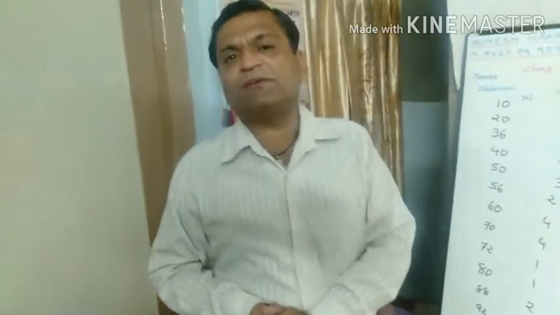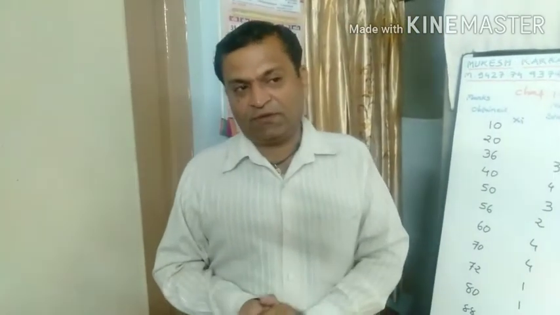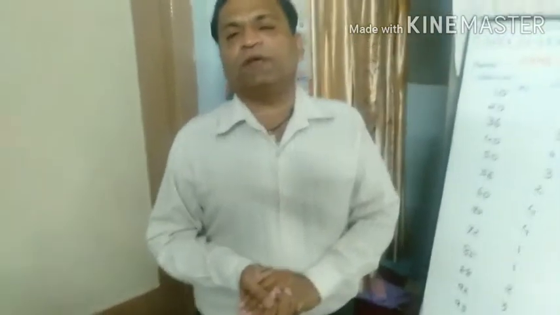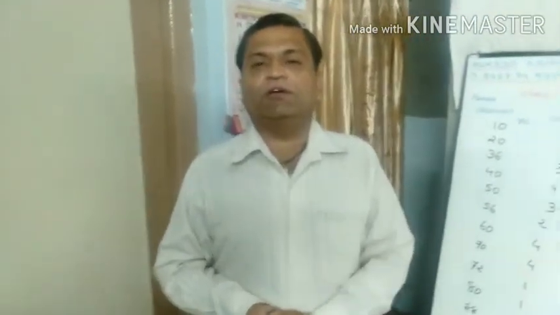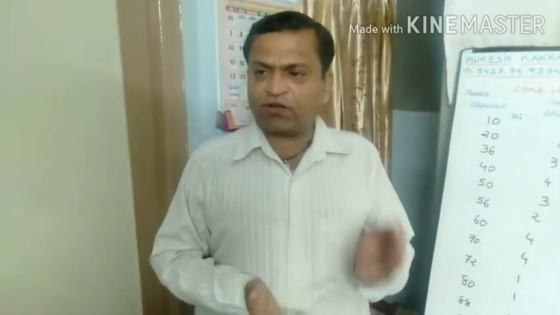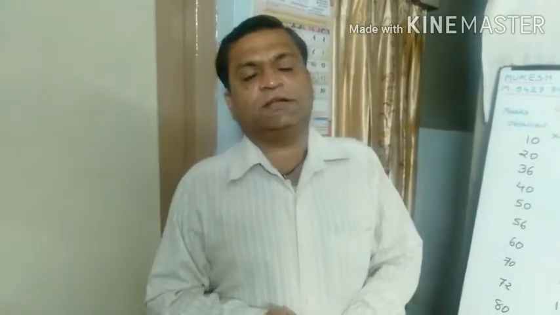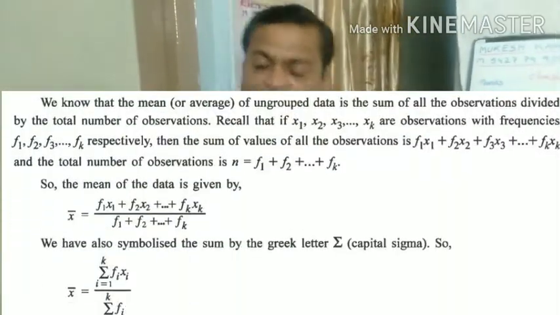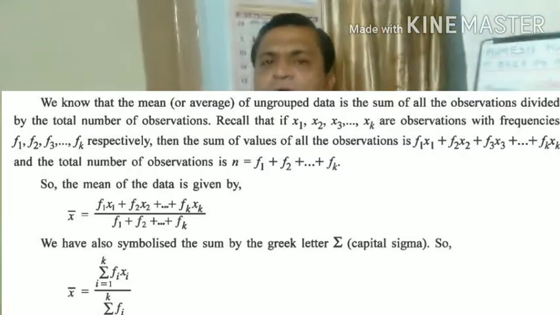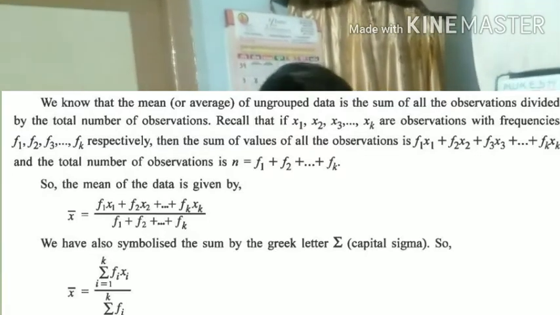This is a very important word in statistics of standard 10. Frequency. So, for the classified information, we will find the observations and the frequencies. And first of all, we have to do the sum of frequencies, that is the total number of observations, and the product of frequency and observation, that is fi xi.